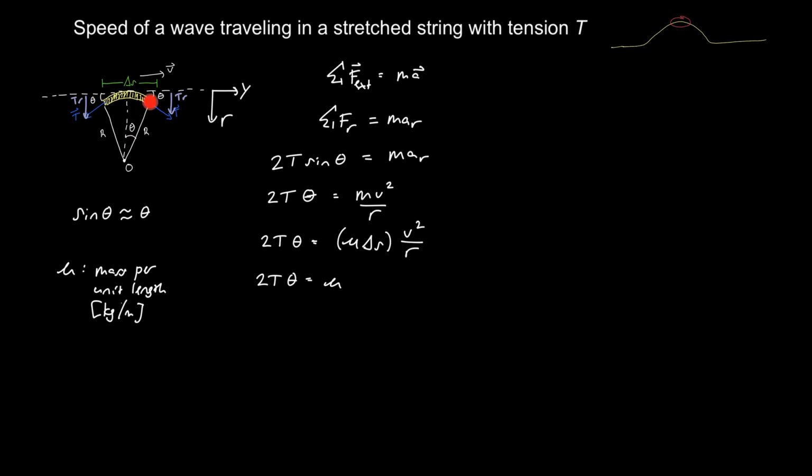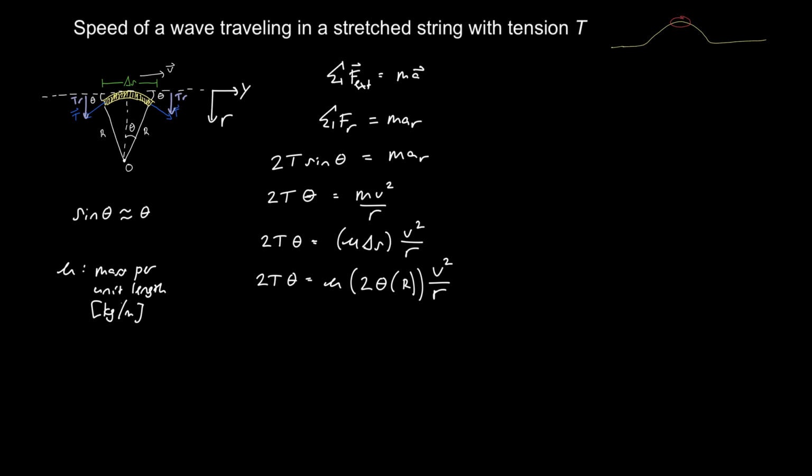So we're going to rewrite this arc length as two theta times r, where r is the radius of this circular motion.